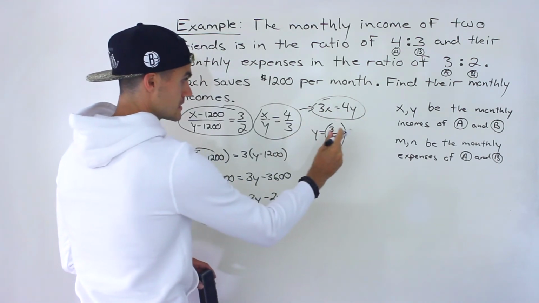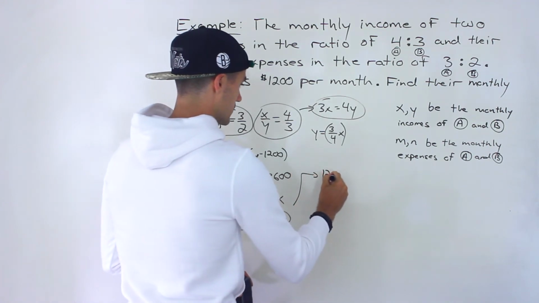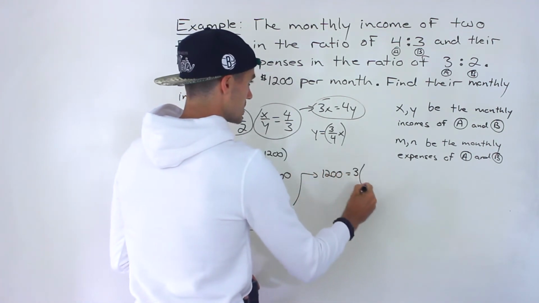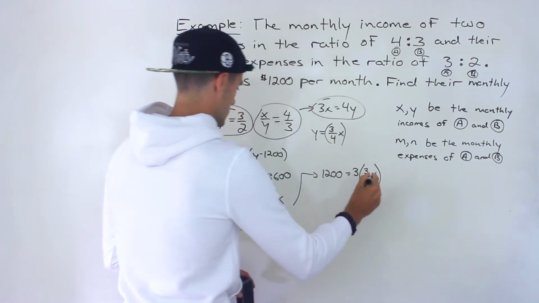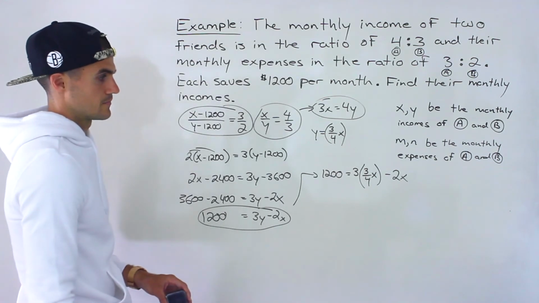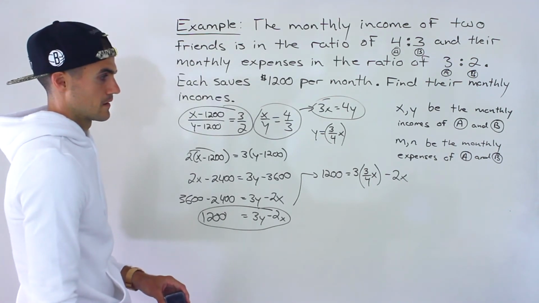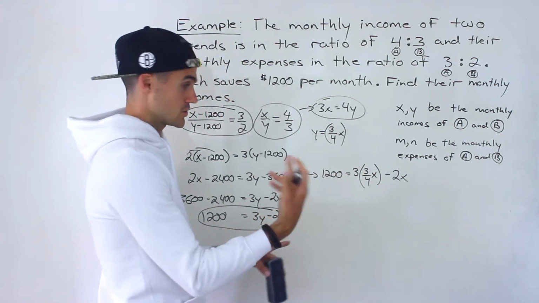And then I'm going to take this and I'm going to plug it in here. So we'd have 1200 is equal to 3 times 3 over 4x minus 2x, like that. And then from here, notice we have now an equation in terms of one variable.